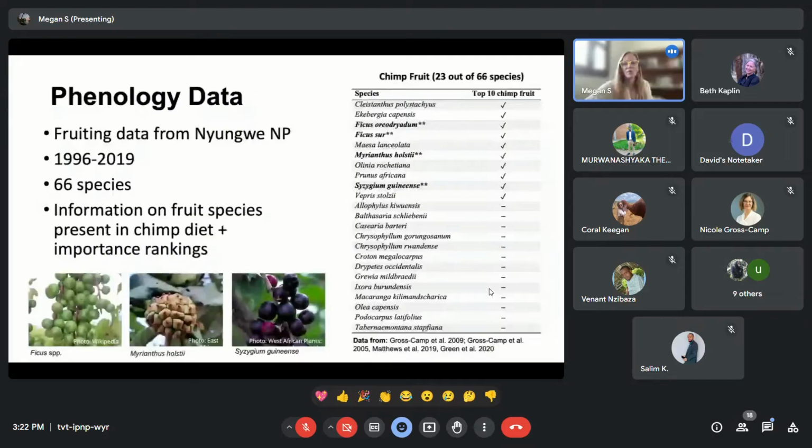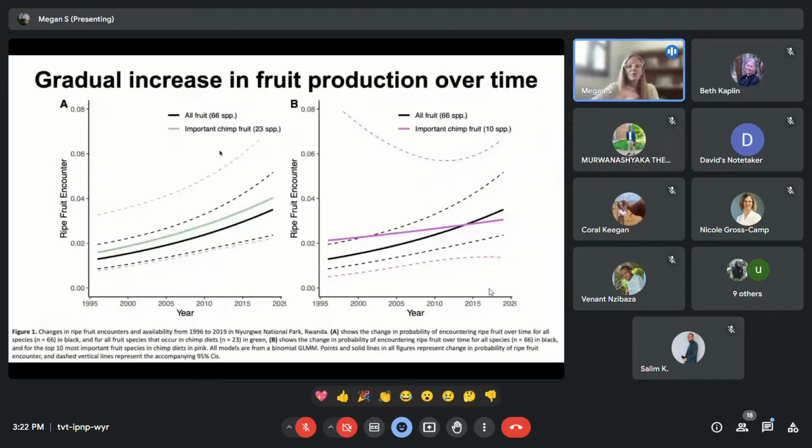This is the total opposite pattern that they found in Lowland National Park, which is that there's this gradual increase in fruit production over time. And I compared the full community of fruiting trees that were observed, so all 66 species represented by this black line here, to all of the fruit that were eaten in chimp diets.